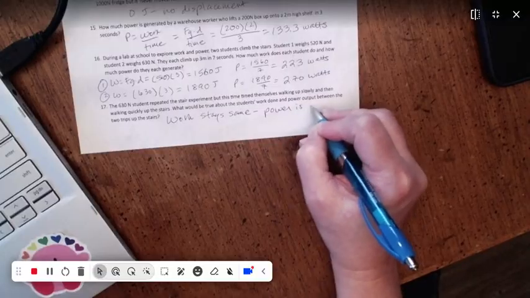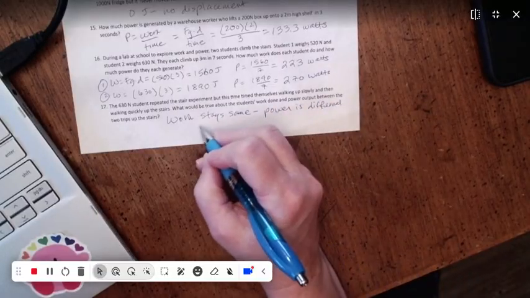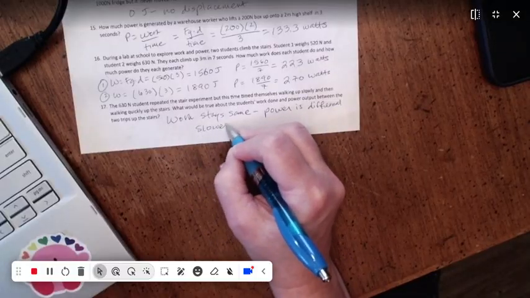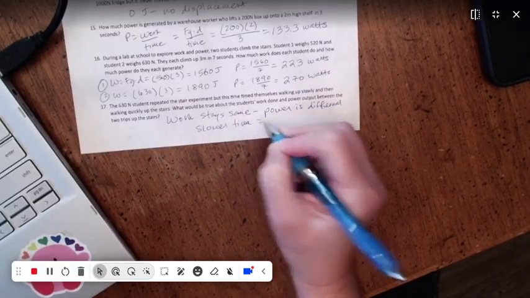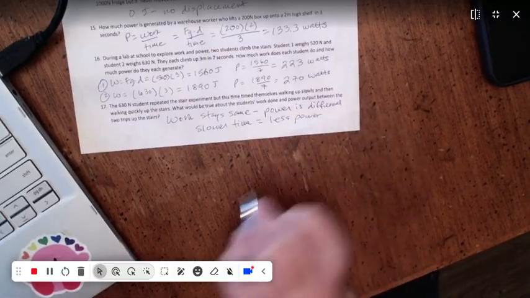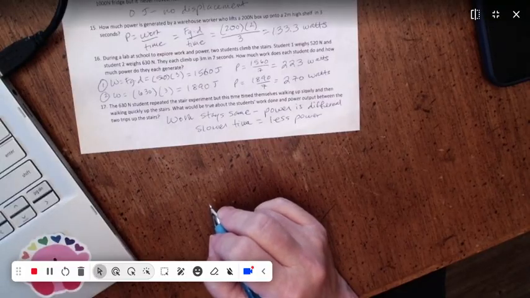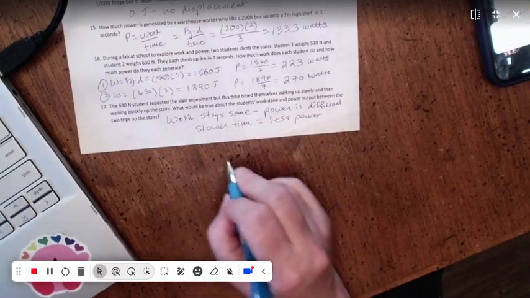So power is different. Slower time equals less power because you're dividing by a larger number, okay? If I walk up the stairs super slow, I'm going to have less power than I will if I walk up quickly.